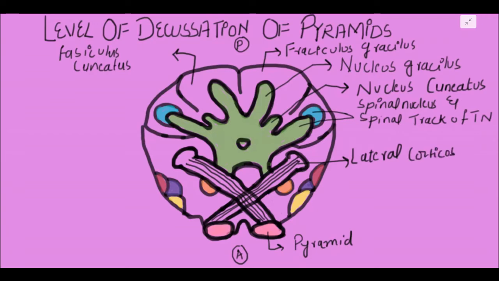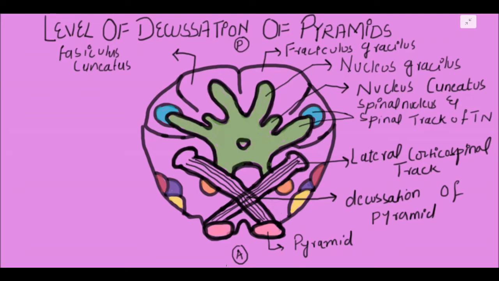So these pyramids contain fibers, and they decussate to the opposite side and form the lateral corticospinal tract. And here in the middle we have the central canal. We call this the decussation of pyramids.